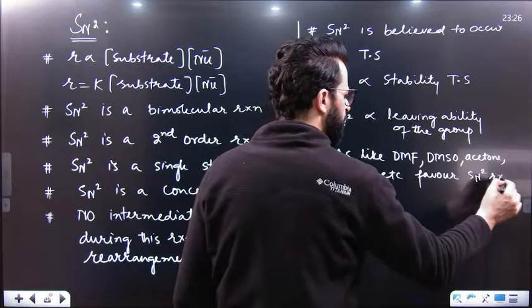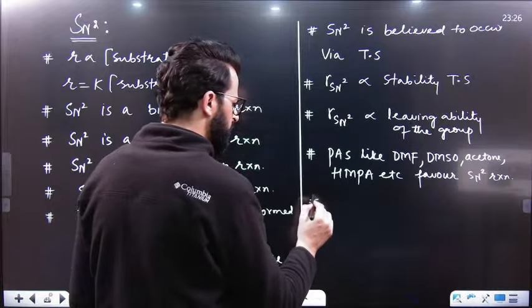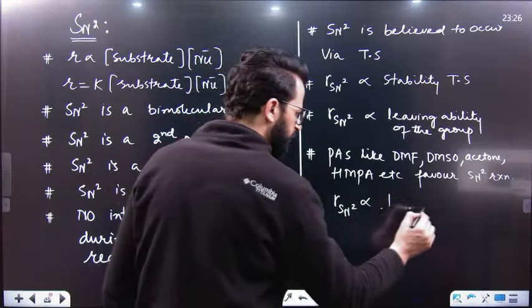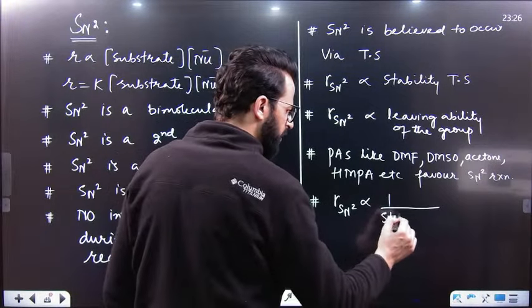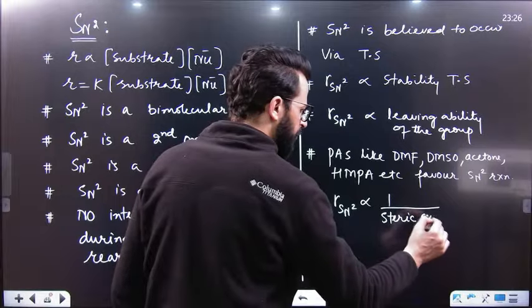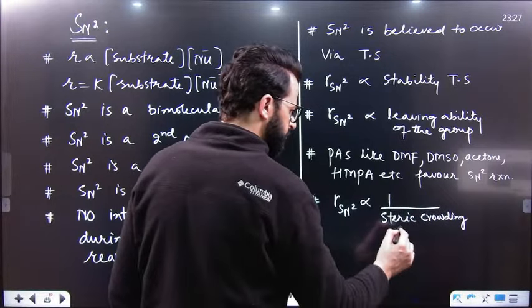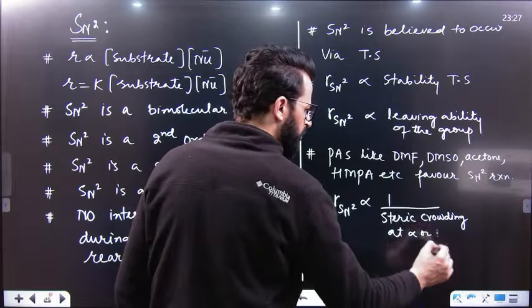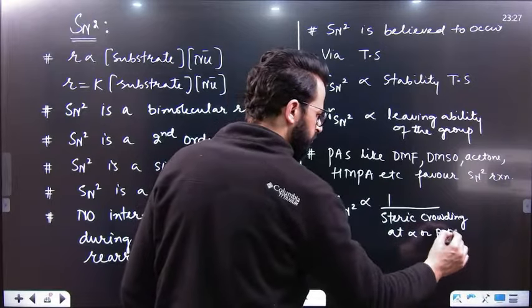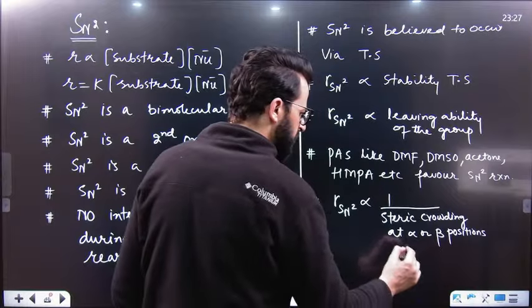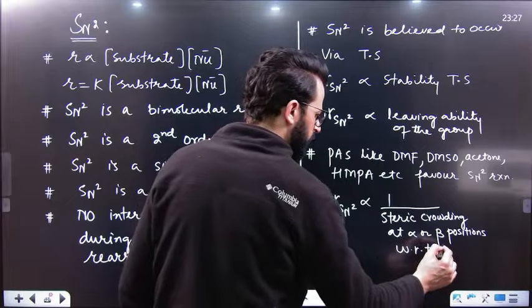Rate of SN2 reaction is inversely proportional to steric crowding at alpha or beta positions with respect to electrophile.